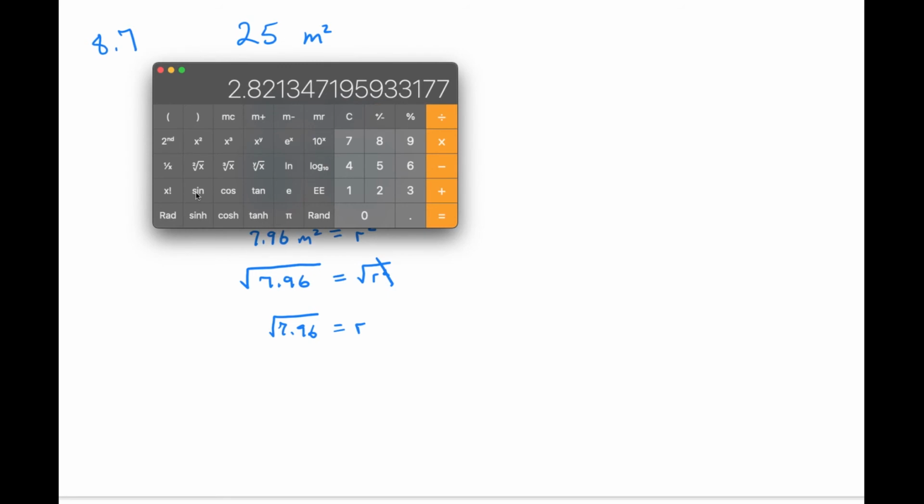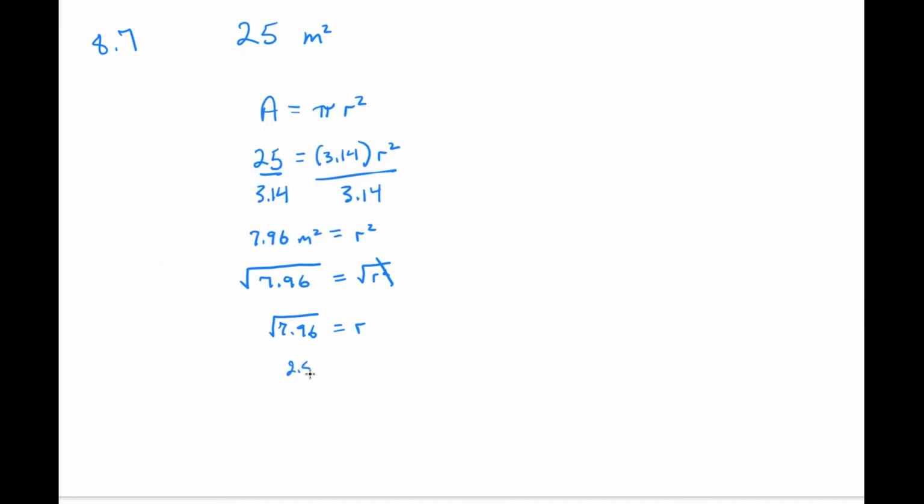We get this big crazy number, but we just use the first two decimals. So 2.82. 2.82 meters is the radius. And because it's unsquared because of our radical, we unsquared it, so now it's just meters to the 1. So we just leave the meters by itself. So 2.82 meters is the radius. And that's how you would work a problem like that.